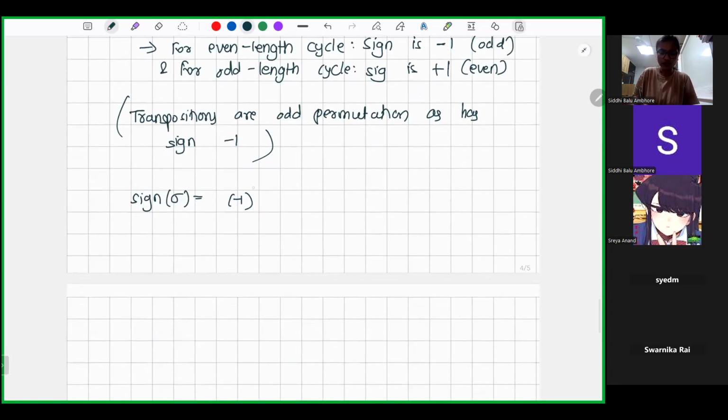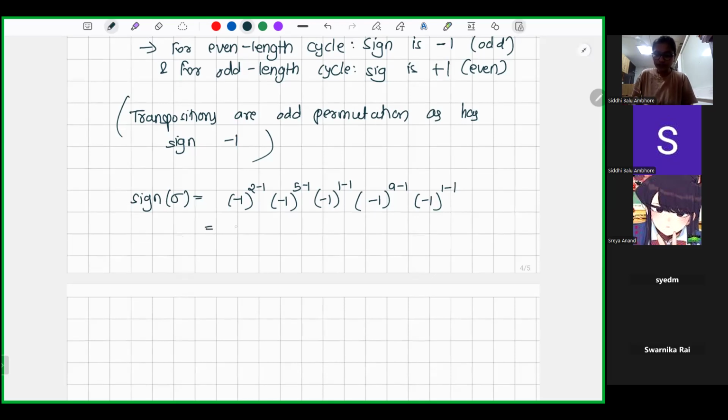So (-1) power 2-1, (-1) power 5-1, the middle one was just (-1) power 1-1, the single cycle, the fixed 4, and then (-1) power 9-1, and finally again the 11 was fixed, which was (-1) power 1-1.